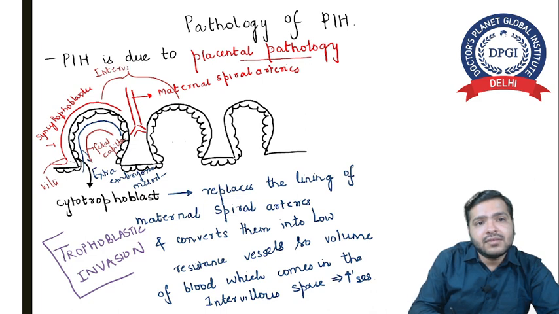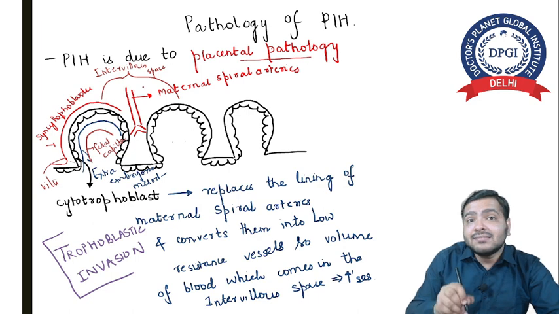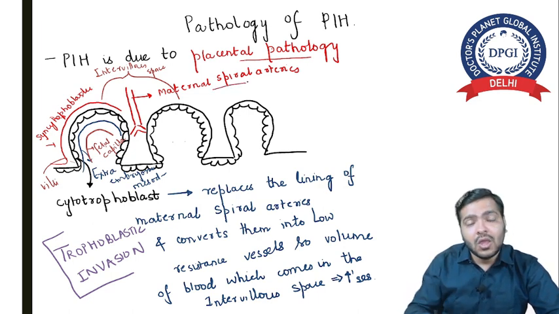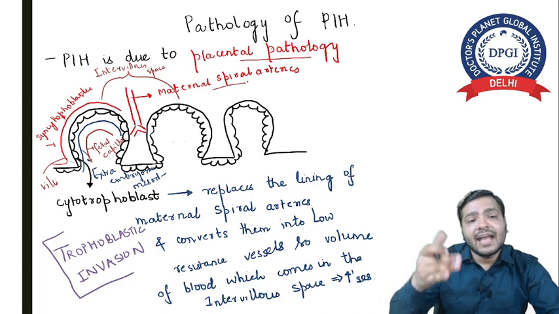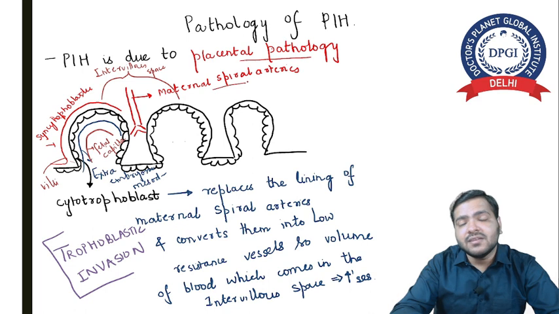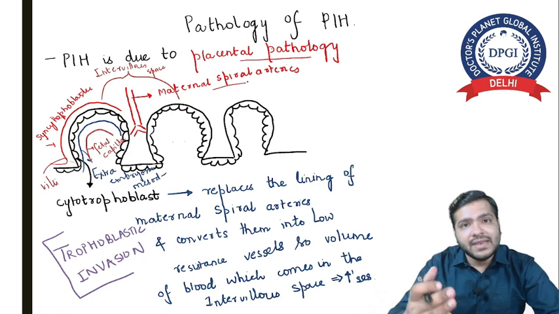It is the space where the maternal spiral arteries will open, or supply the blood. So maternal spiral arteries supply the blood to the intervillous space, and the fetal capillaries are inside. The placental membrane is the one which separates the maternal blood from the fetal blood. And I told you how many layers are there.